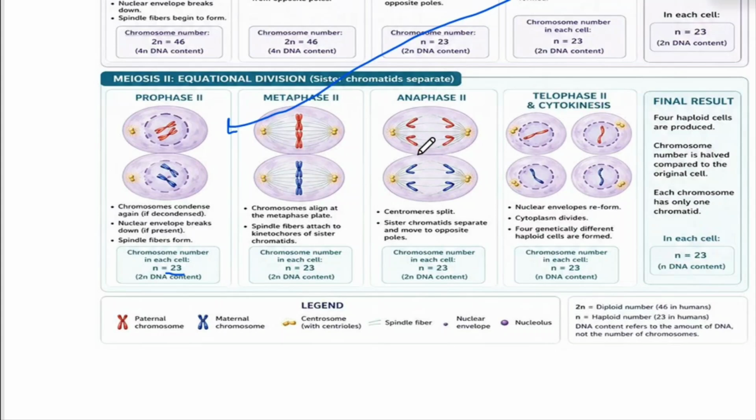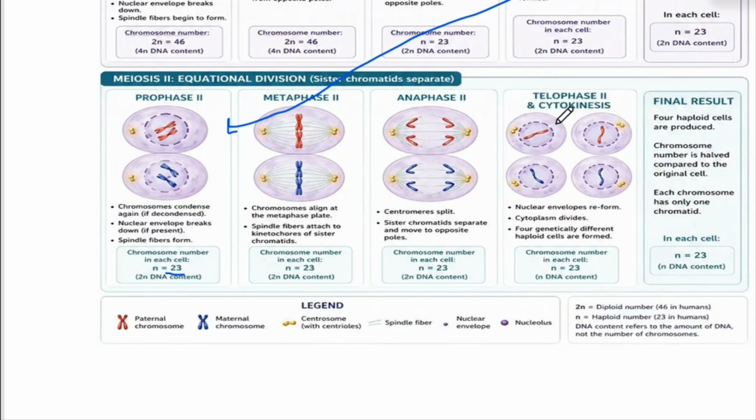In anaphase 2, the centromere divides. Here is a chromatid and a chromatid. The sister chromatids separate and move toward opposite poles, and each chromatid is now considered an individual chromosome.